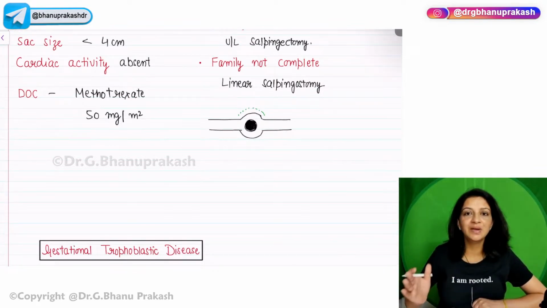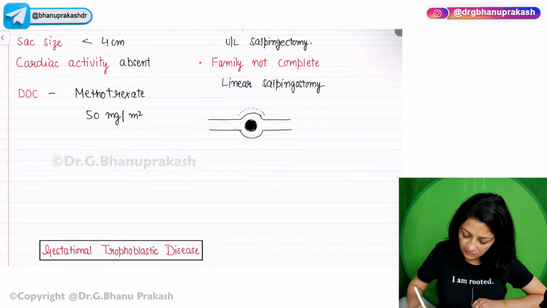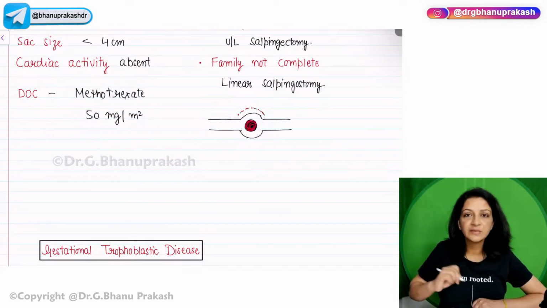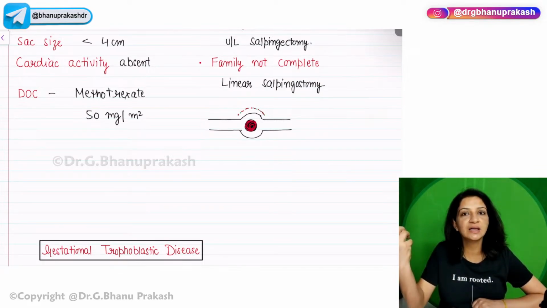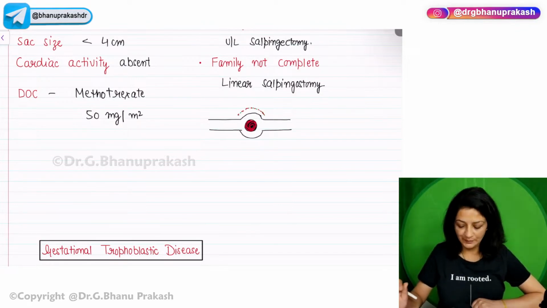Salpingostomy means we do not remove the tube, we just give an incision. We remove the ectopic pregnancy with hydrodissection and leave the incision open. That is called linear salpingostomy.